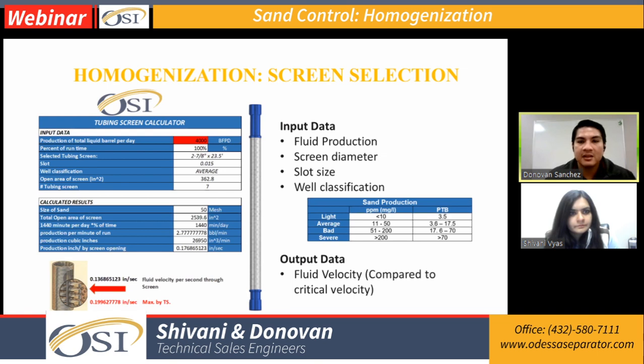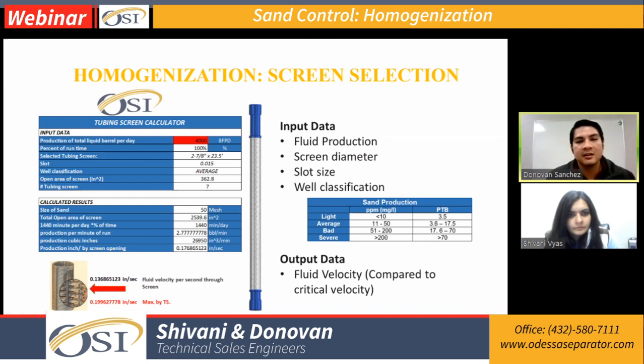We go with 7. So with all this input data, fluid production, screen diameter, slot size, well classification, we're going to get our output data, our fluid velocity compared to our critical velocity. Our critical velocity is the velocity that our tubing screen can handle. The main focus is trying to get the fluid velocity per second through the screen lower than the critical velocity.